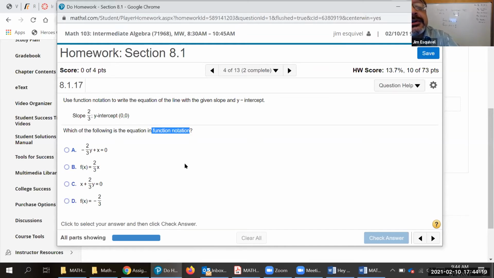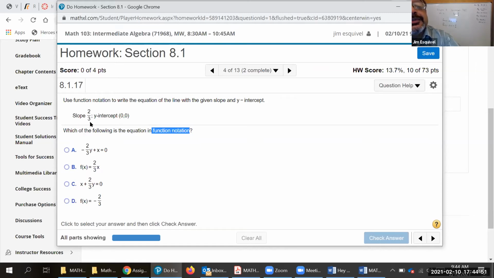Which of these choices can you eliminate because they're not in function notation? A and C. A, I don't see any f of x. C, I don't see an f of x. So those are not function notation. Now, B has a function notation and D has a function notation.